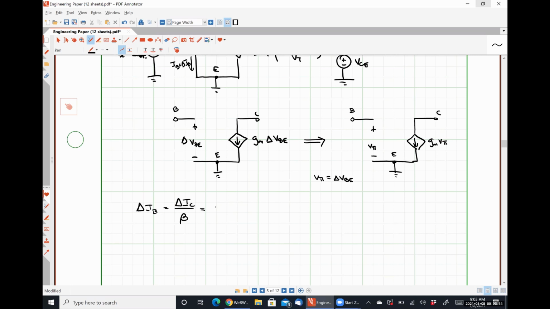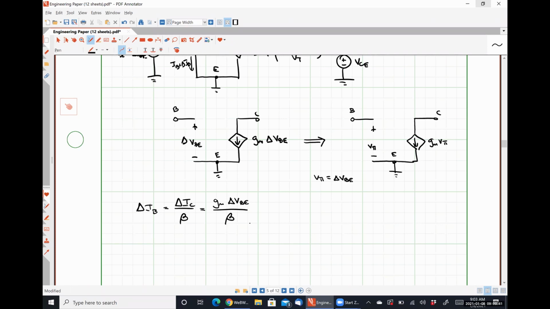which is GM delta VBE over beta. And what we have here is a change in the base emitter voltage that is related to the current that flows from the base terminal to the emitter terminal.